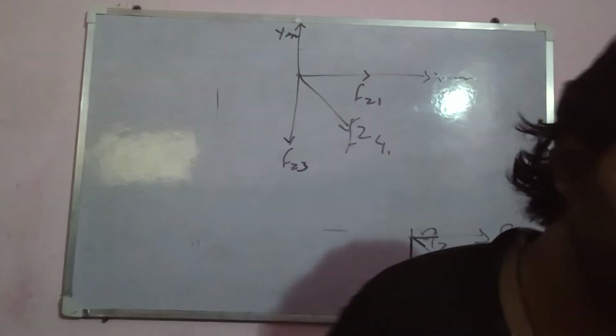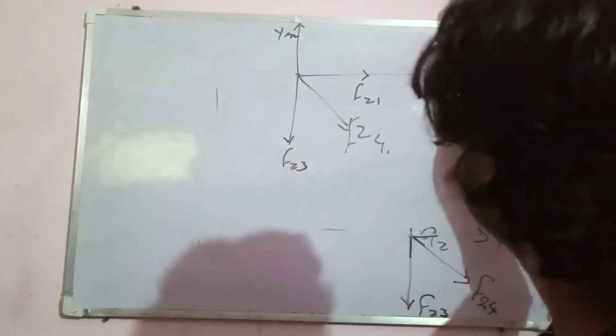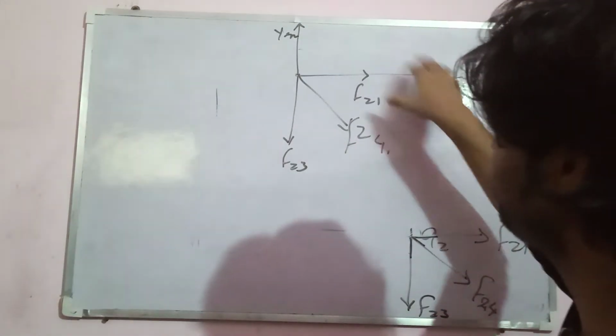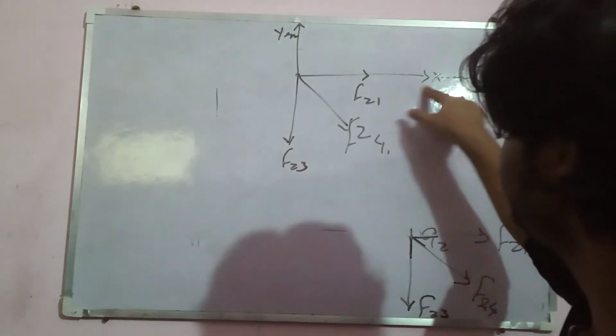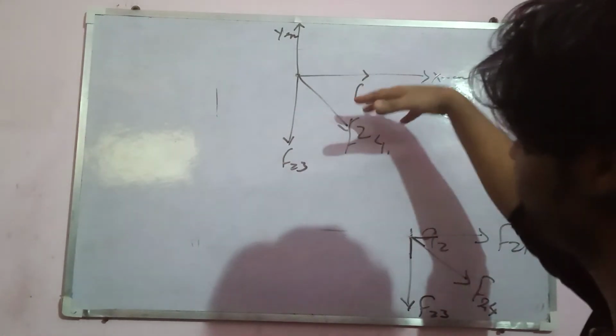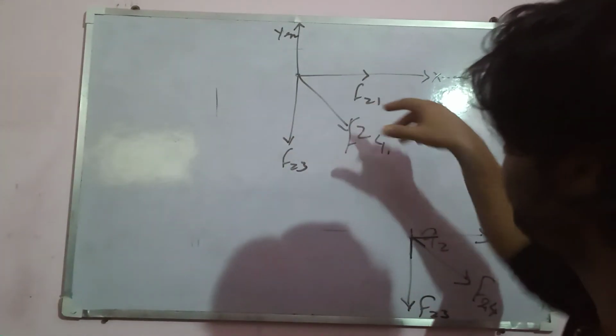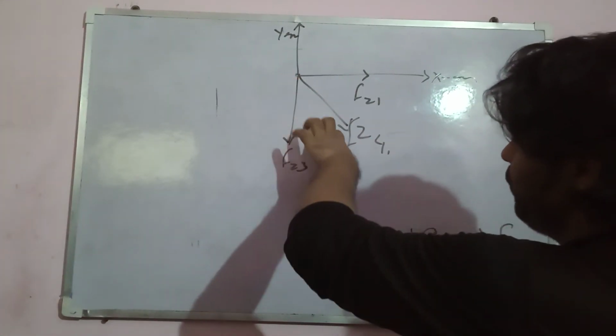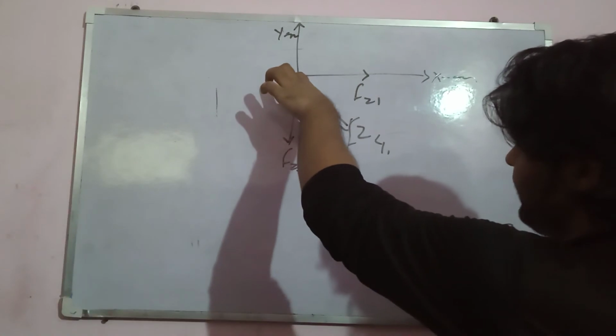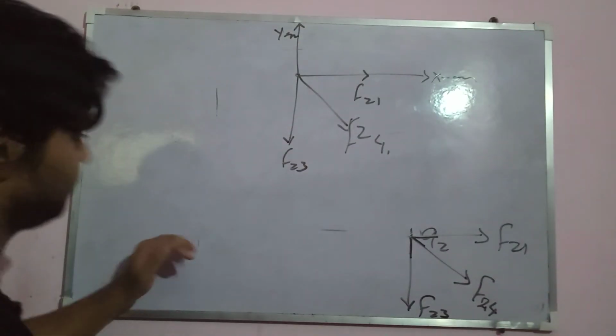To find the vector addition by the component process, we need 2 axes, x-axis and y-axis. So I have taken the x-axis along F21 and the y-axis opposite to F23 according to the symmetry of the figure. This third force, F24, is in this direction.